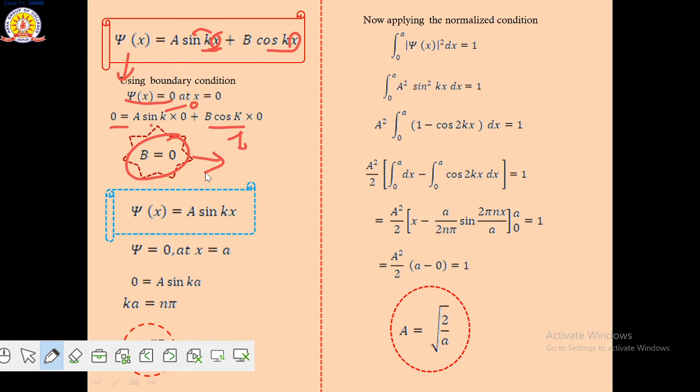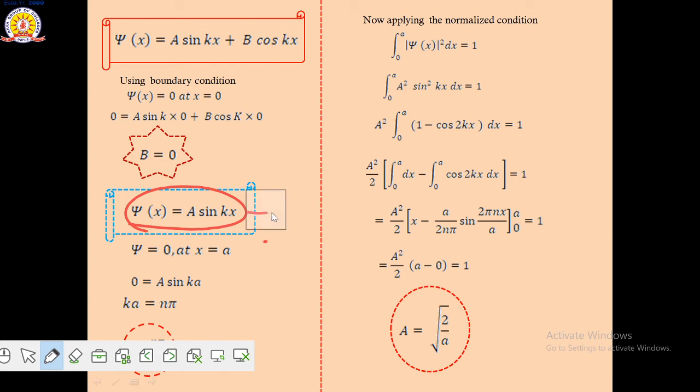So b will be 0. Now put that b in the equation. So here b will be 0, and the wave function will be like that: psi of x is equal to A sine kx.